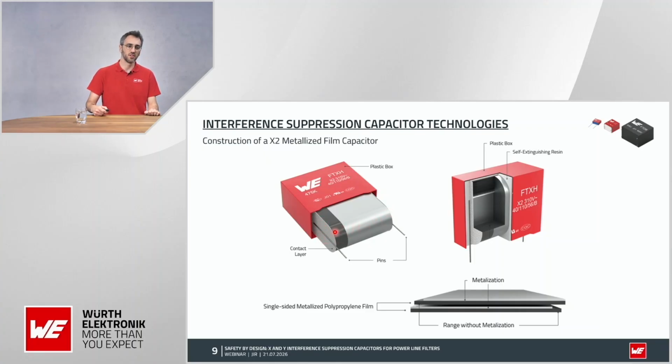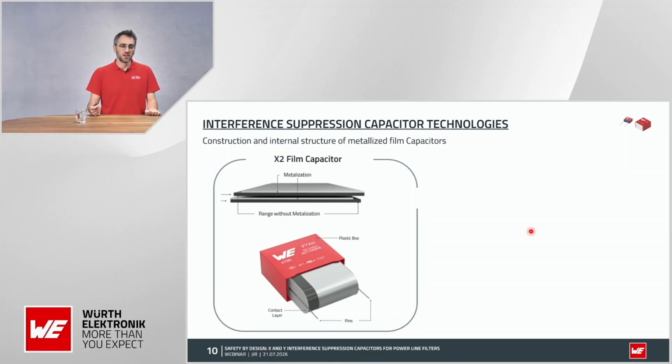As you can imagine, only one of the foils is connected here. Now we can weld the pins and put the roll inside this plastic box. This is how boxed film capacitors are made. Finally, we fill the box with epoxy material or resin to protect the winding from the atmosphere.